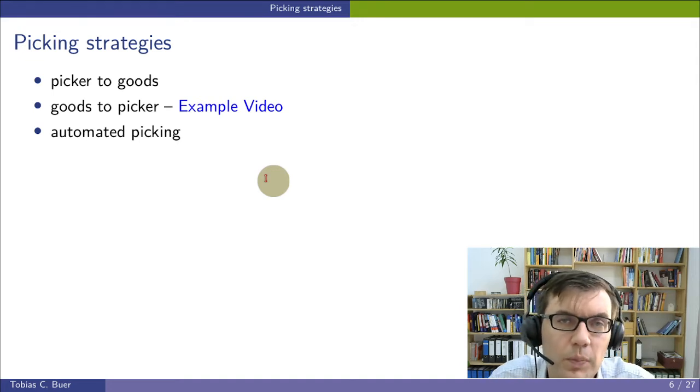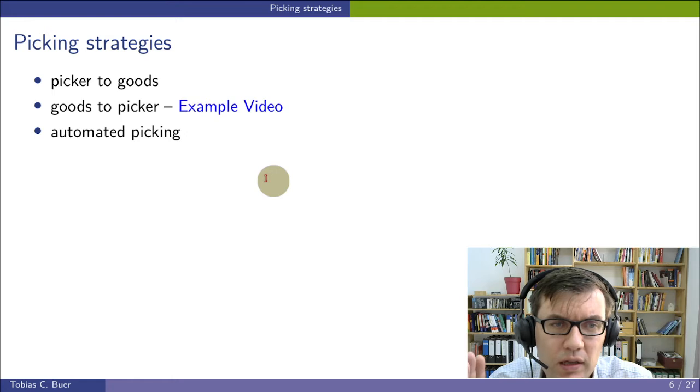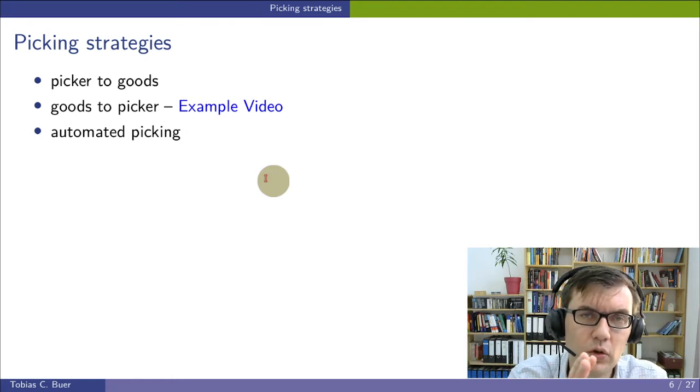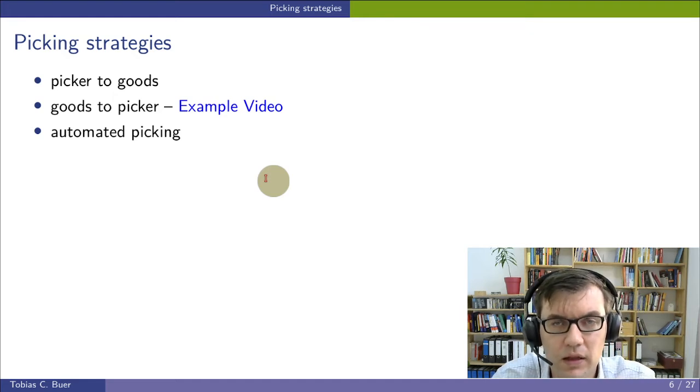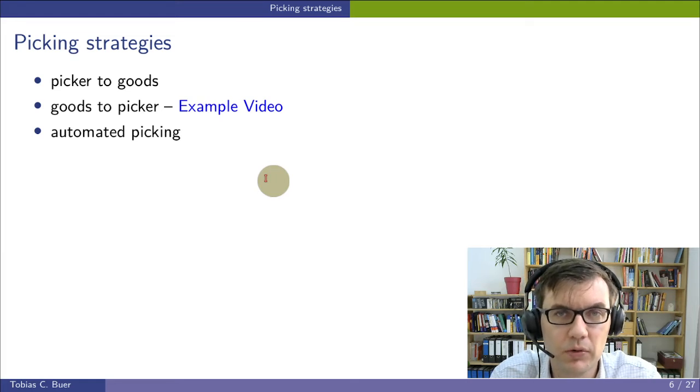Vice versa, the opposite approach is goods to picker. That means there is some technology in the warehouse that moves some of the goods to the human order picker, and the location of the human order picker stays the same during the picking process.